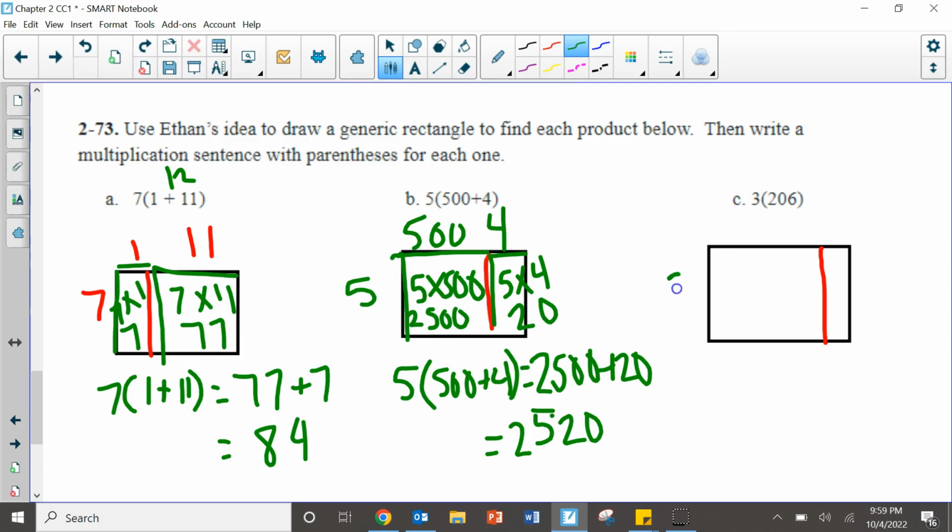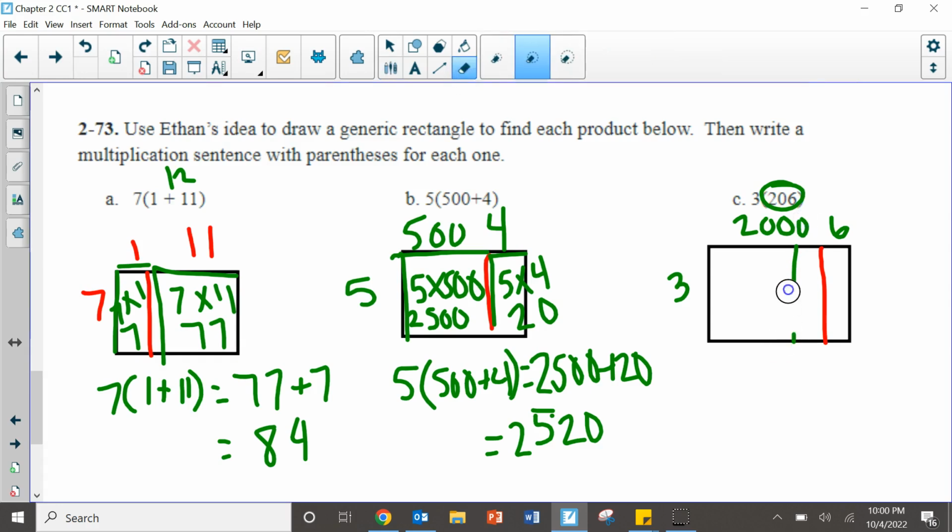Lastly, it did not break this up, so we're going to do it. 206. It didn't have any tens, so we can just ignore those. You can put a row for 0 if you wanted, but you're just going to get 0, so you don't even need to include it.